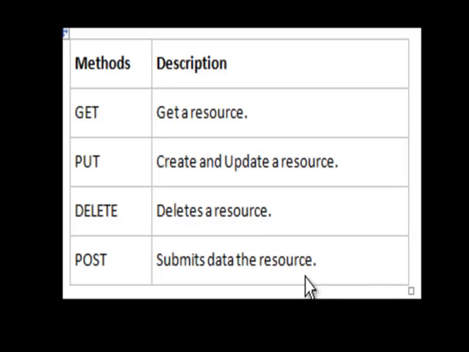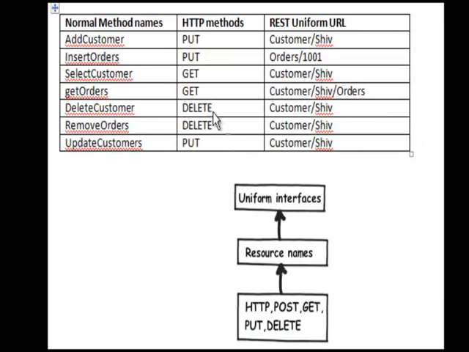So if you can take these 40 years old methods which are now so famous and combine them with your resource, then your interfaces can be made uniform. Now if you combine the standard HTTP methods with your resource names, you can have uniform interfaces. For example, here you can see we have an add customer function.